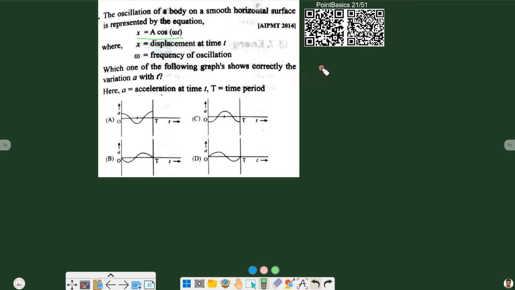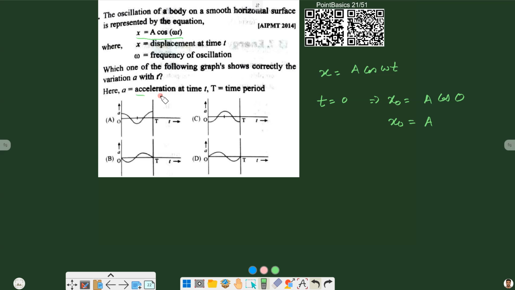Because we have to plot a graph, we take t equal to 0. Then x at 0 is equal to a, since cos 0 is equal to 1.